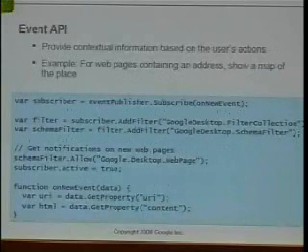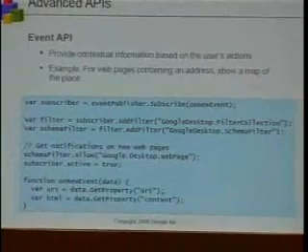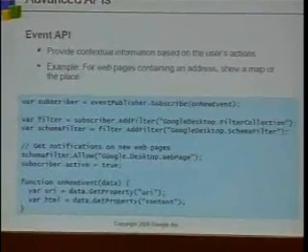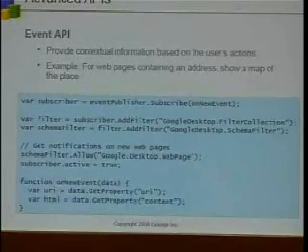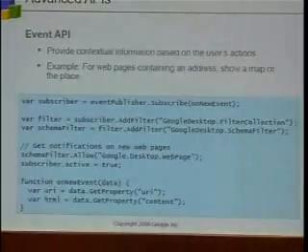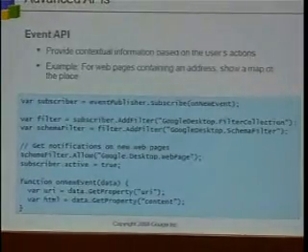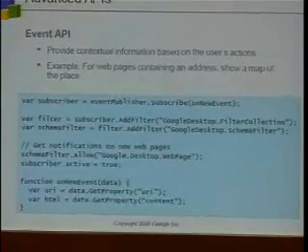The last API that I'm going to talk about in the advanced API session is to provide contextual information based on the user's actions. It could be that you're visiting a web page and then you want to do something, or you're looking for some information. A very simple example: here we have an event subscriber, and you can subscribe to an event, and then we have a bunch of code for filters, and basically we want to get notifications on new web pages.